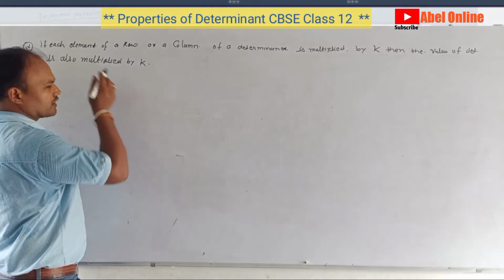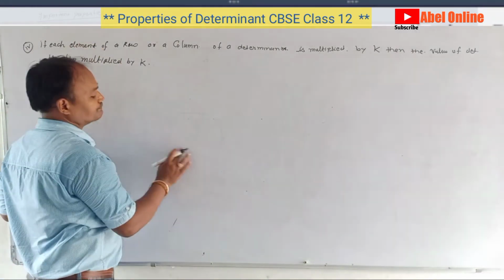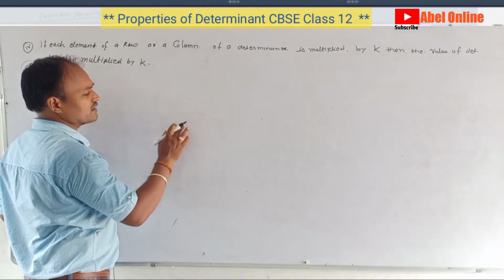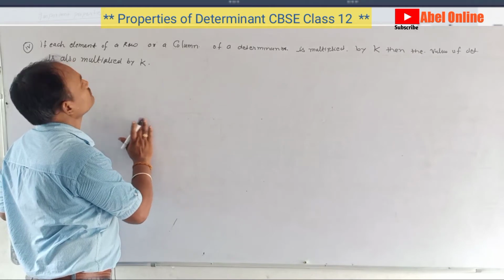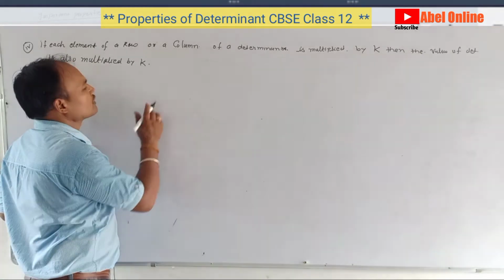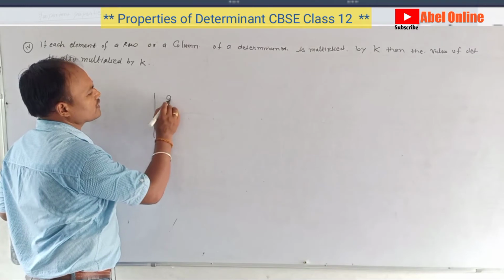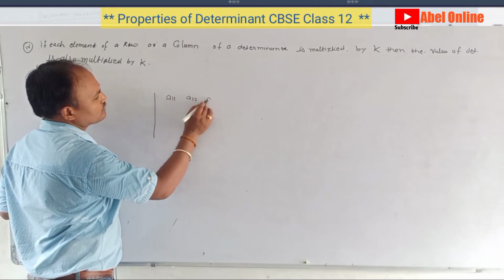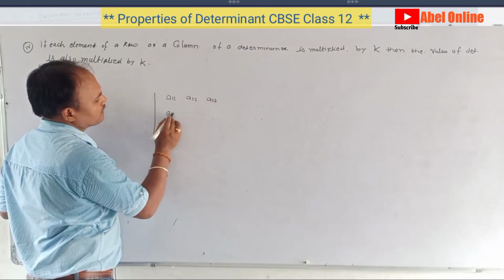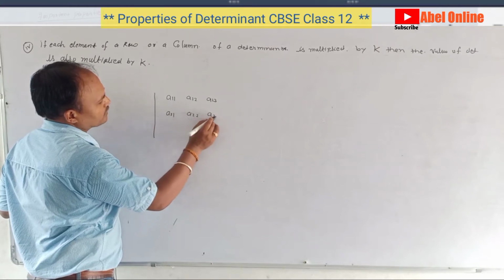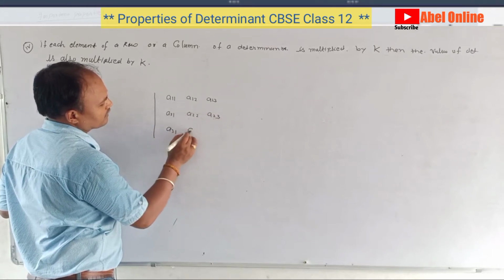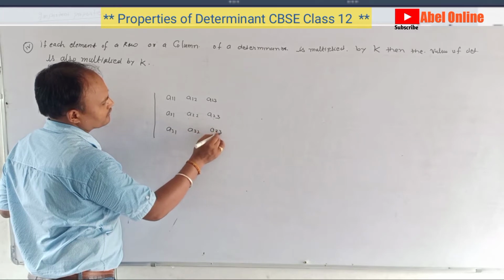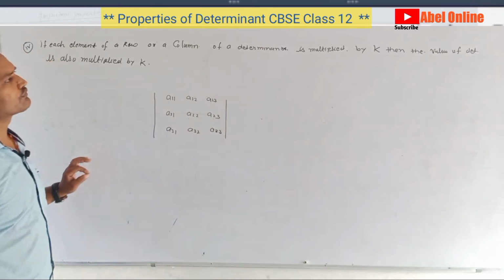Now suppose we are taking an example. Suppose it is A11, A12, A13, A21, A22, A23, A31, A32, A33. This is a standard determinant.